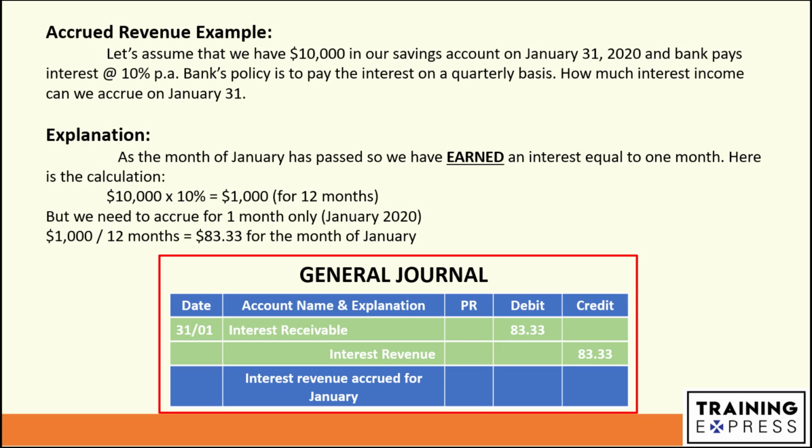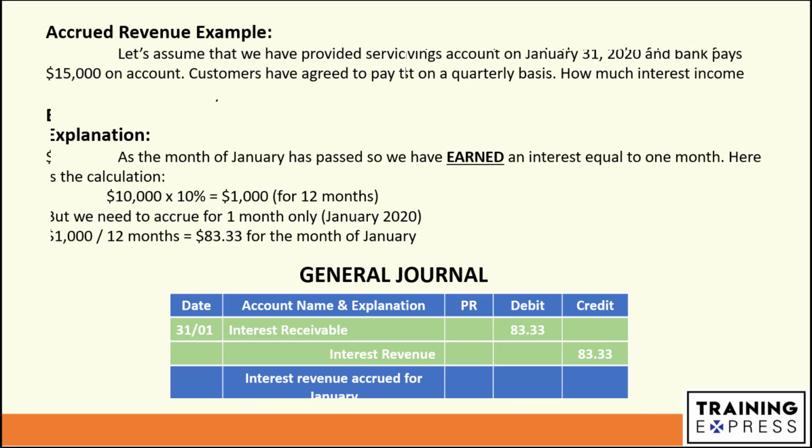So interest receivable will be debited by 83.33 and interest revenue will be credited by 83.33. So this is the first adjusting entry which we are going to record in our books.